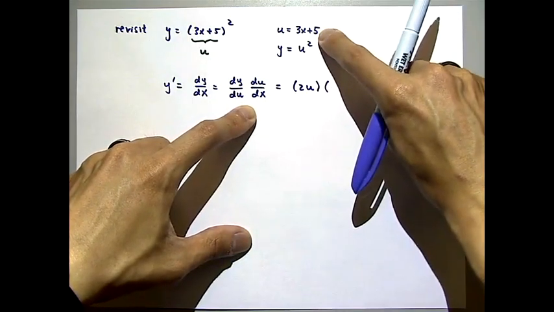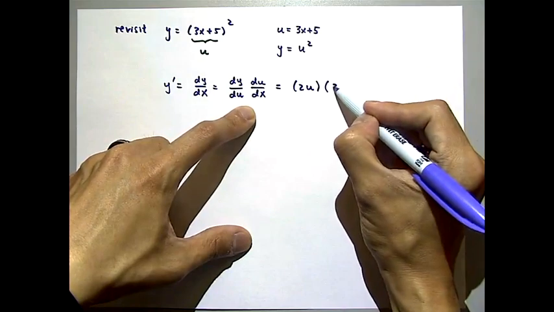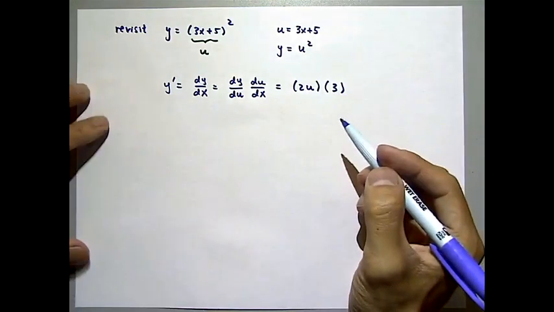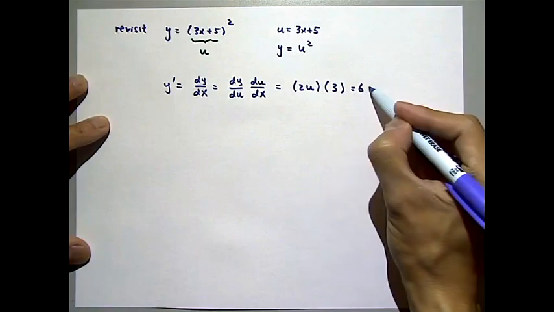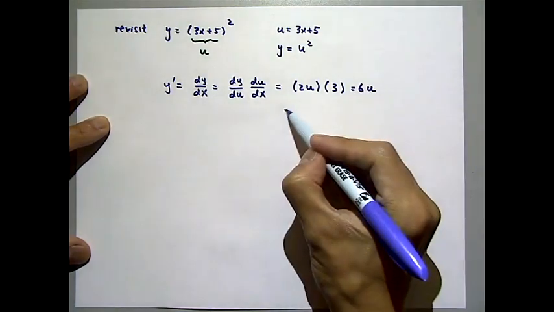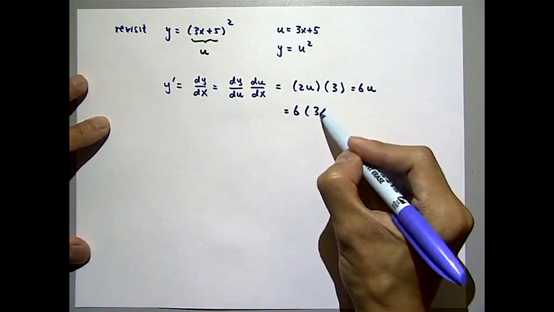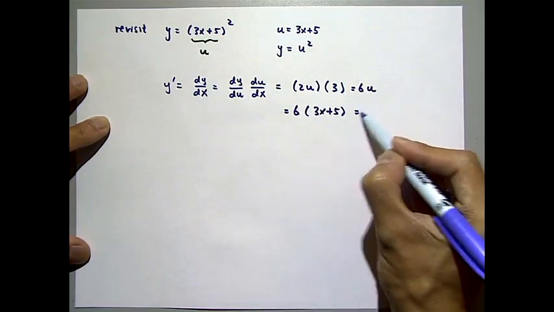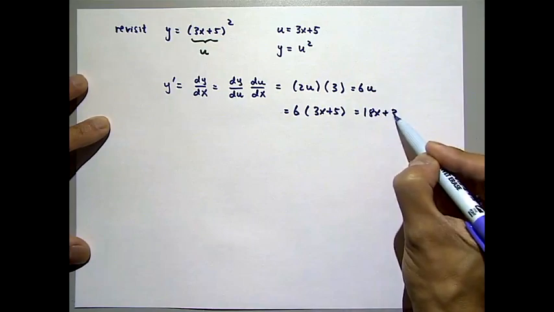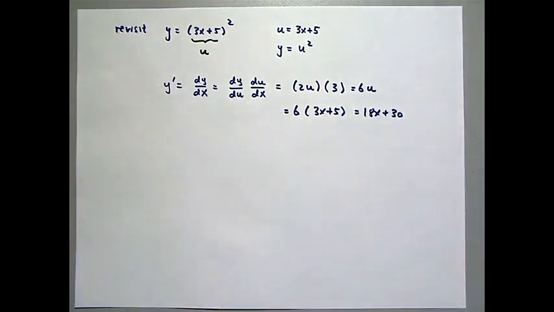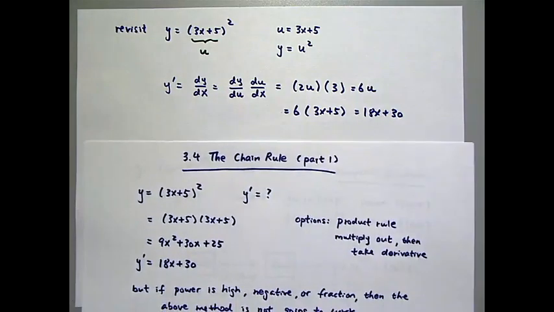The 5 doesn't matter. The 3x reduces to a 3. So we end up getting 6 times u, or 6 times 3x plus 5, or 18x plus 30. Which is, of course, the same thing. Earlier, we multiplied this out and took the derivative of the resulting polynomial, and we got 18x plus 30. Here, we got the same thing.